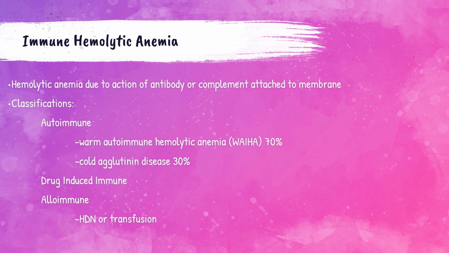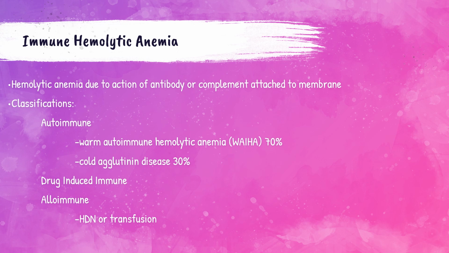Now there are also drug-induced immune hemolytic anemias. In these cases, a patient is taking a specific drug that is causing an antibody towards an antigen to develop. And then there are alloimmune hemolytic anemias. In these cases, the patient is exposed to a foreign antigen, an antigen that they don't already have in their body. They are exposed to it via transfusion or pregnancy.